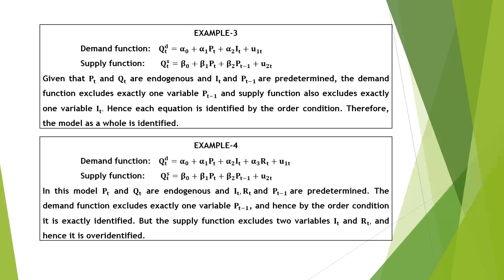It, Rt and Pt minus 1 are predetermined. The demand function excludes exactly one variable, Pt minus 1, and hence by the order condition it is exactly identified. But the supply function excludes two variables, It and Rt, and by the order condition it is over identified.